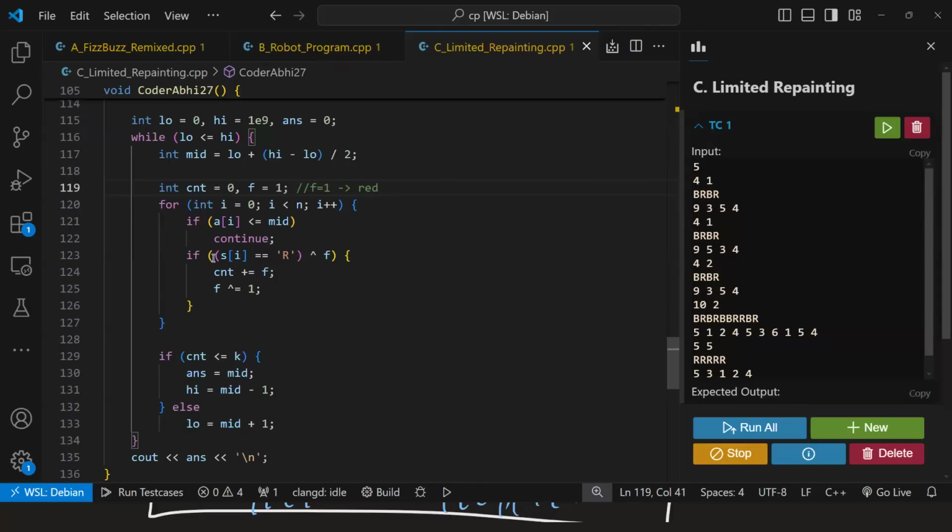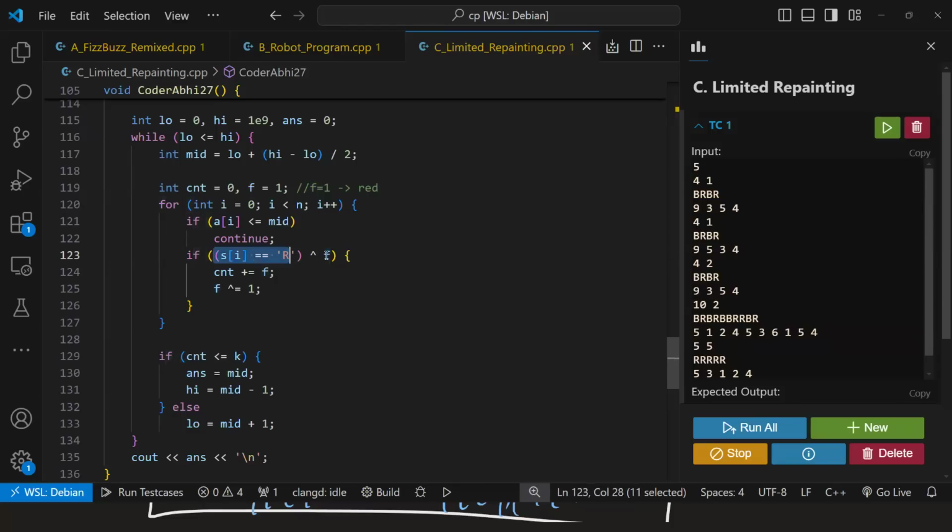So this XOR with F, or you can write it in AND/OR form also, means that if the current color is red, this would return a true 1, and F is 0, which means blue. So if previously it was blue and now it is red, or if this returns false, then currently my color is blue and previously it was red.